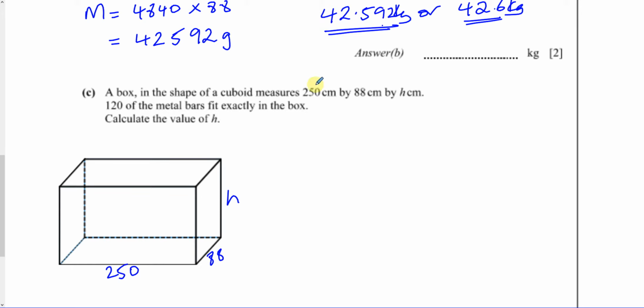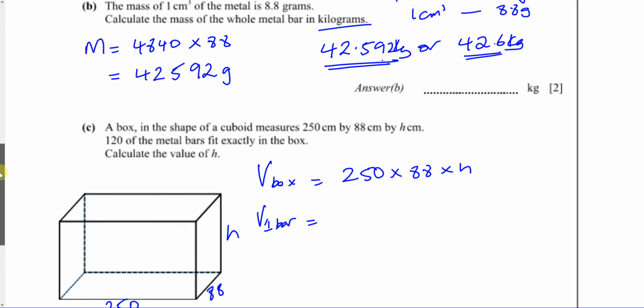We know that the volume of the whole box is equal to 250 times 88 times H, and that's what we have to find. We know the volume of one bar.